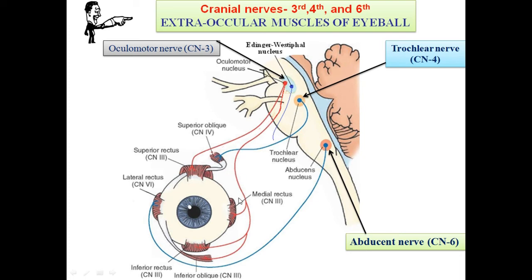You can see one more nucleus here, the trochlear nucleus, which supplies the superior oblique muscle. The abducens nerve consists of the abducens nucleus, which supplies the lateral rectus.